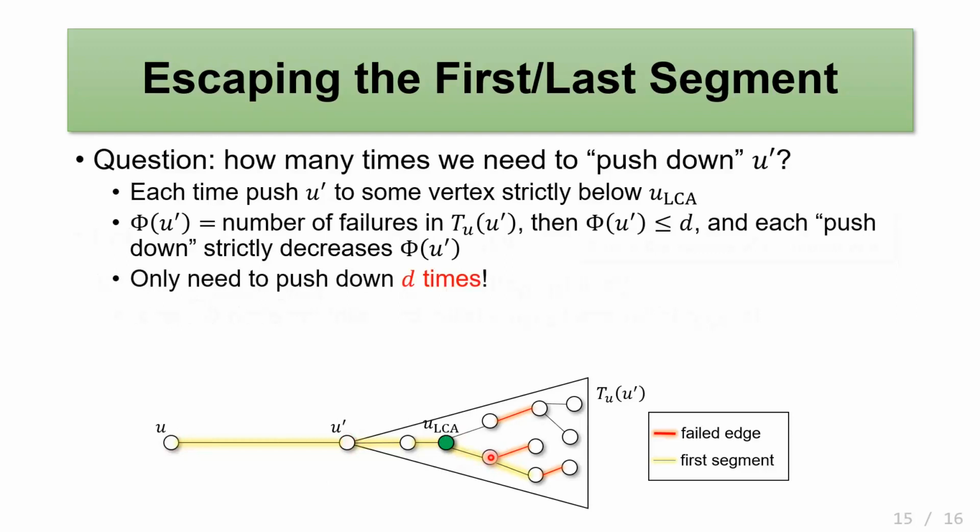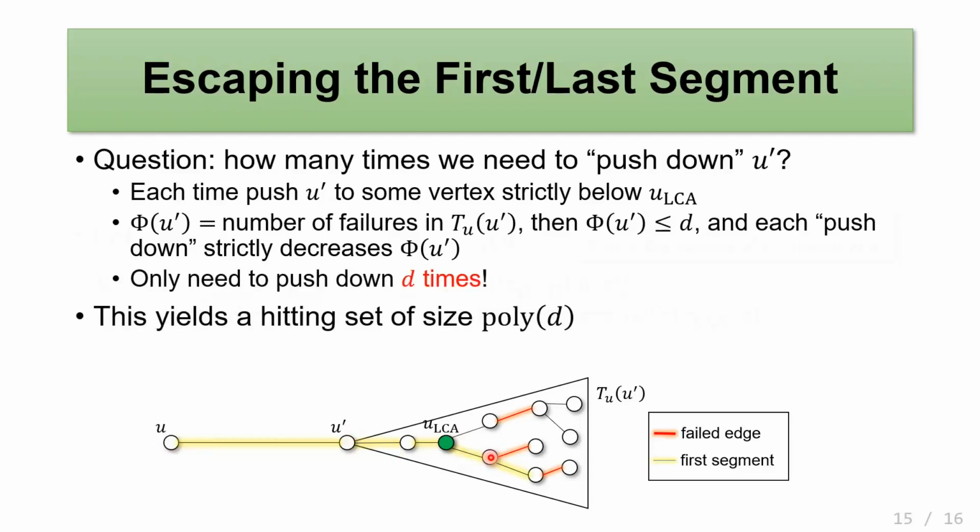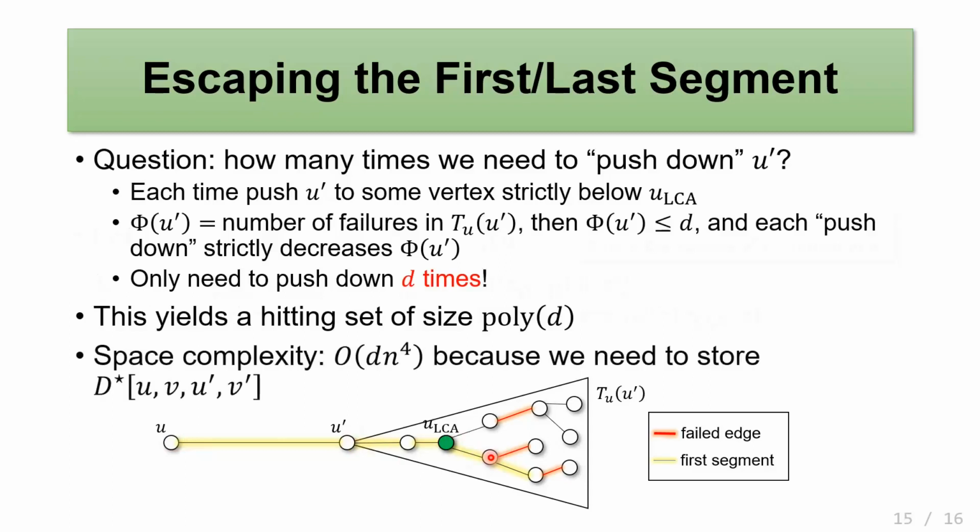So we only need to push down D times. This is good. After some calculation, this gives you a hitting set of size polynomial in D. The space complexity of our data structure is O(D n^4) because we need to store D star UV U prime V prime for every quadruple UV U prime V prime.